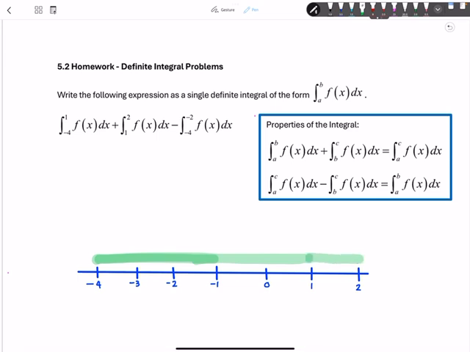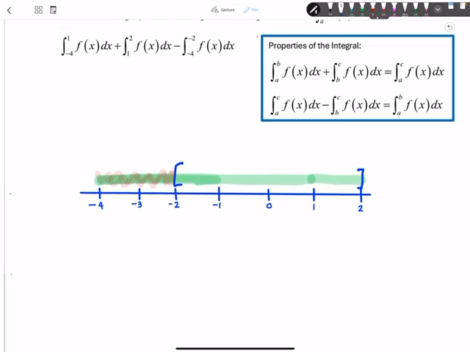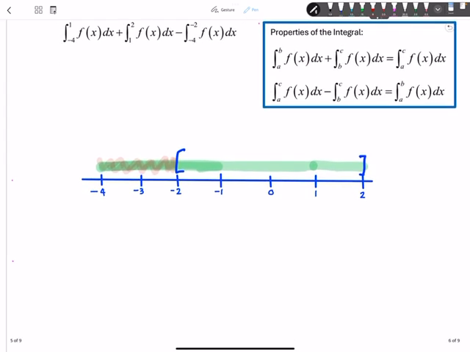So together this will be the integral from -4 to 2. But now we want to subtract out the value of the integral from -4 to -2. So really what I want to do is cancel out this piece right here, and all we will have left would be this piece right here. So this would become very simply just the integral from -2 to 2 for f of x dx.